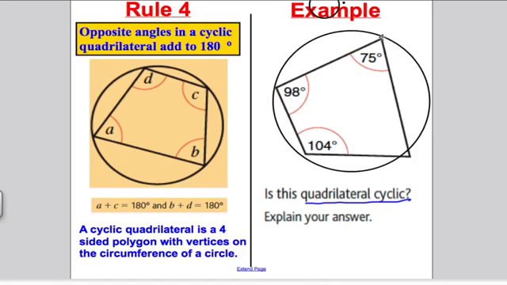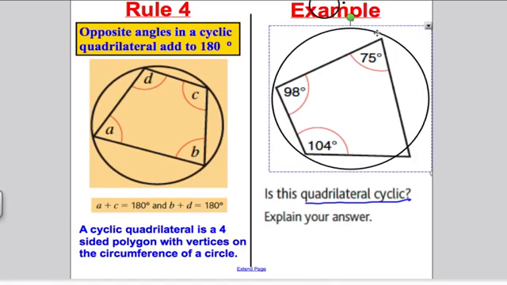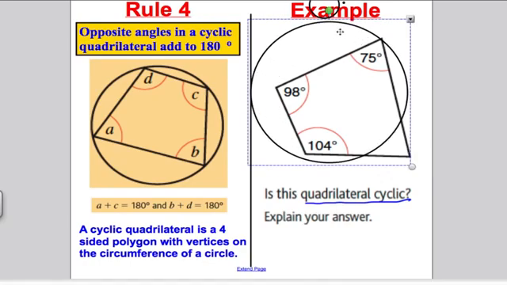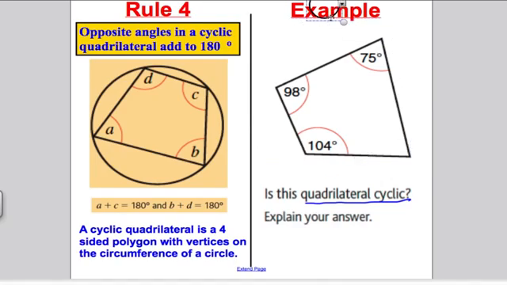Could I do that? Well, I'm trying to do it here with a circle. I'm not getting much success, but that's not a proof. That doesn't tell us anything. What we do know is if it was cyclic, the opposite angles had to add to 180. Now that one and that one, when you add them up, they add to 179 degrees. They don't add to 180, so they can't be cyclic. So the answer to this is no.